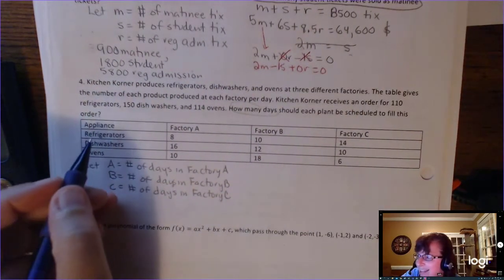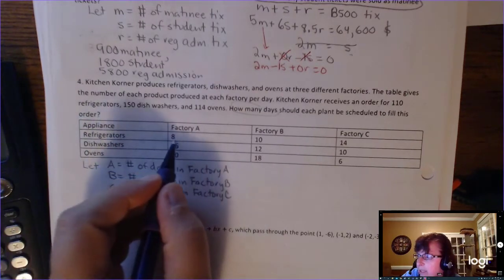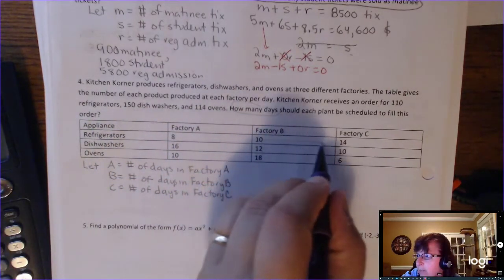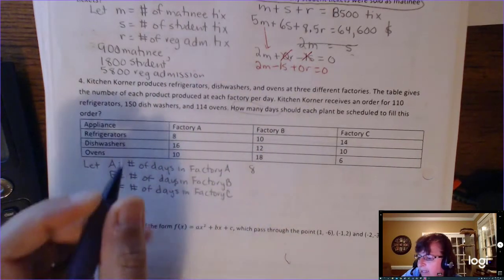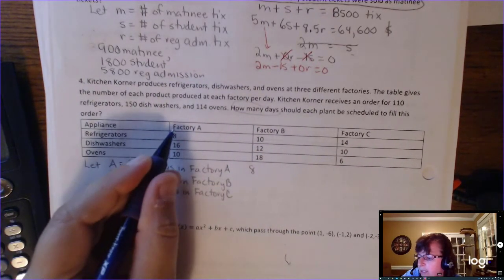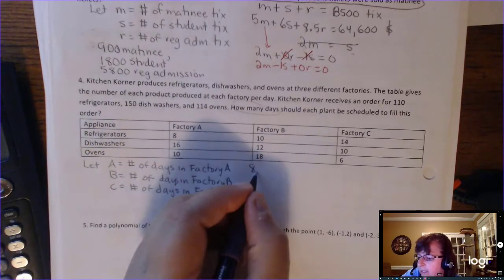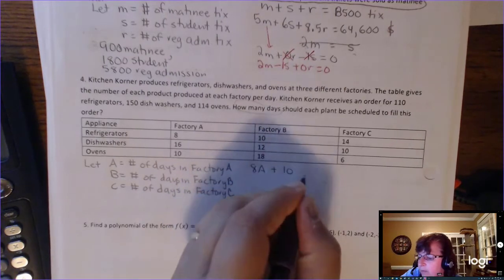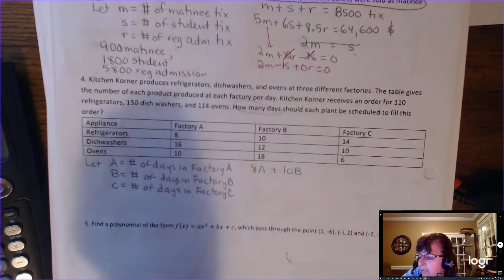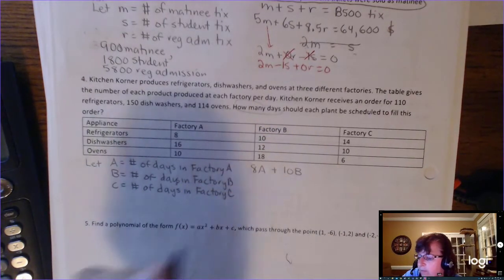So then that opens up this table. See how this line is all about refrigerators? So 8 refrigerators in factory A, that's going to take 8A days. And then 10 refrigerators in factory B is going to take a certain number of days.